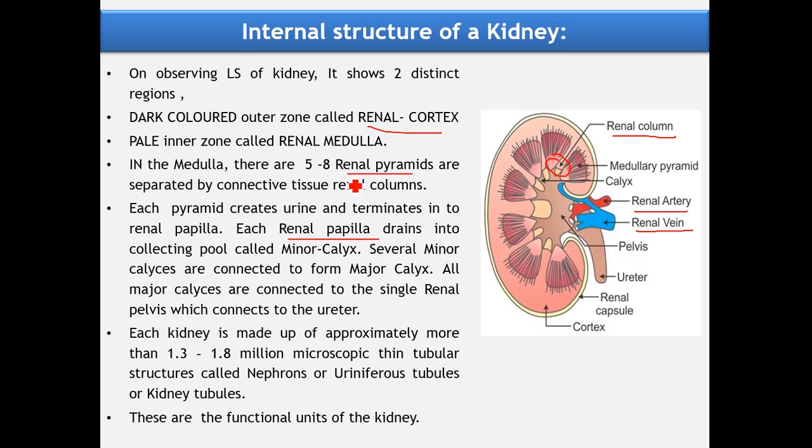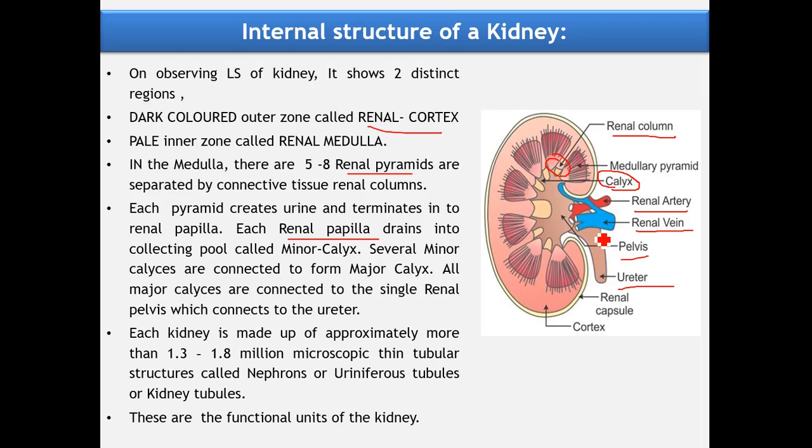Papillae is plural, papilla singular. Each renal papilla drains into a collecting pool called the minor calyx. Several minor calyces are connected to form 2 or 3 major calyces, and these major calyces are connected to a single renal pelvis, which is connected to the ureter.